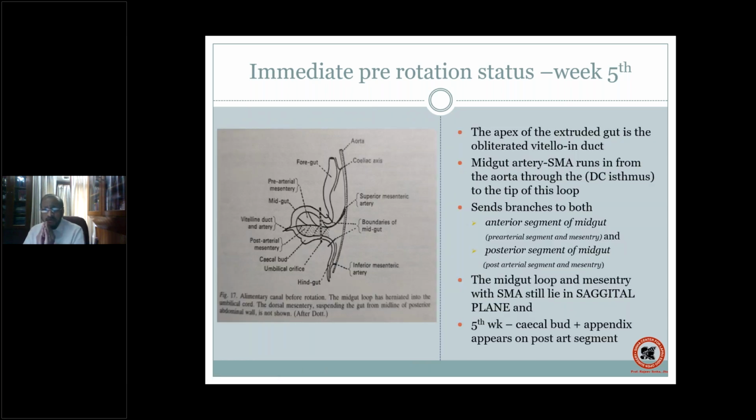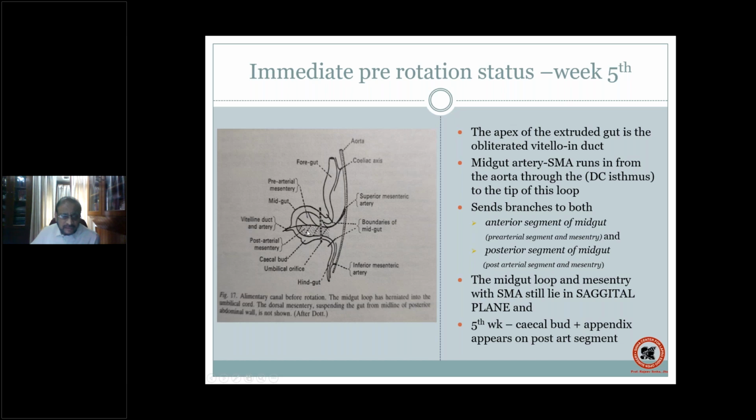Now, in the 5th week, you have the extruded gut with the obliterated vitellointestinal duct, already obliterated. It is running from here, the superior mesenteric artery, and it is making an axis. It is an axis running from the aorta down up to the apex of the loop. Now, the descending branches go to the afferent loop and to the efferent.